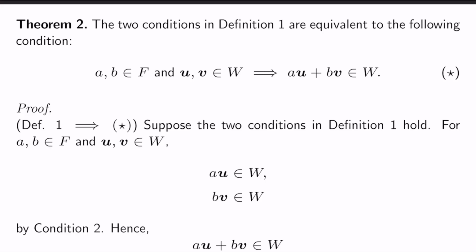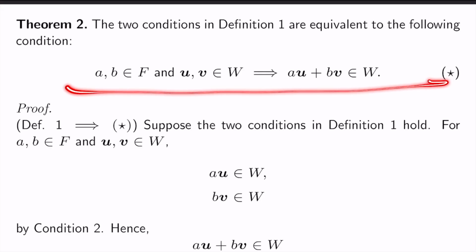Okay, let's prove it. Since we are trying to prove the equivalence between two sets of conditions, we prove one implies the other and vice versa. So first assume the conditions in definition 1 hold, and then we prove this.